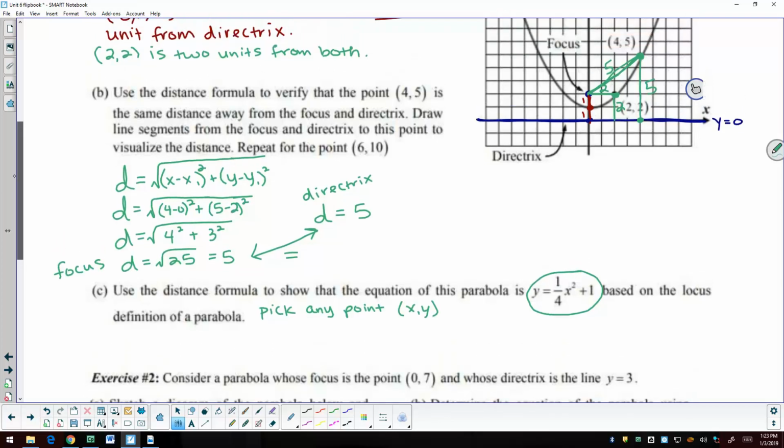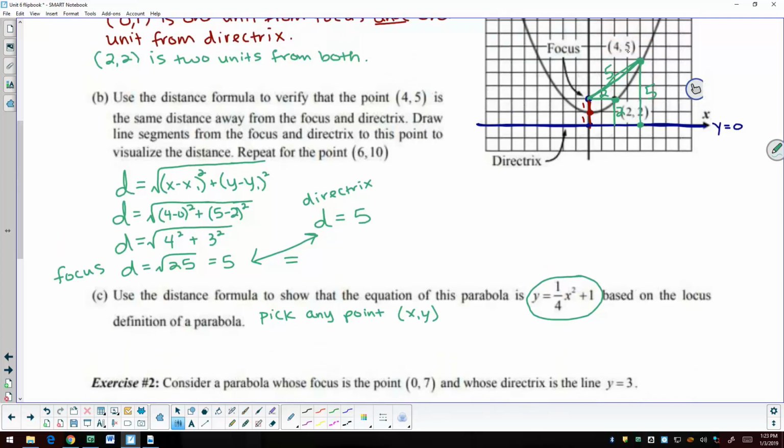The point 4, 5, for example, the y coordinate was 5. It's 5 from the line y equals 0. So the distance is going to be y for the directrix. It's going to be y away. Whatever y is, that's how far it'll be from the directrix.